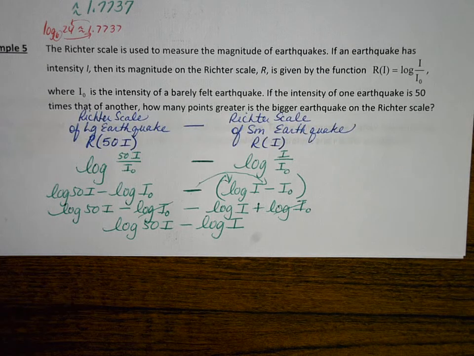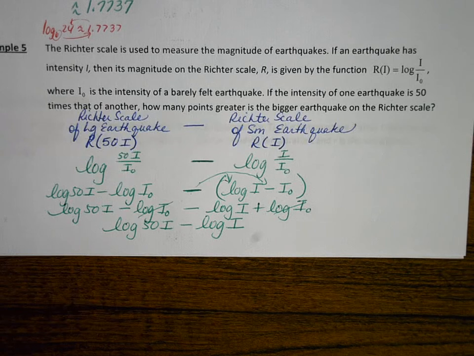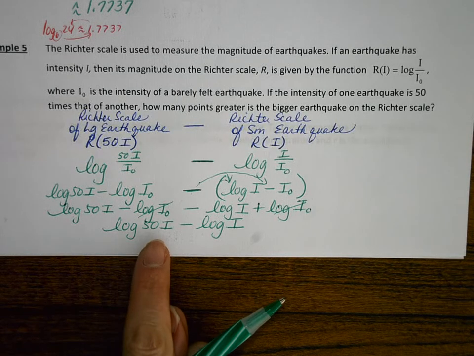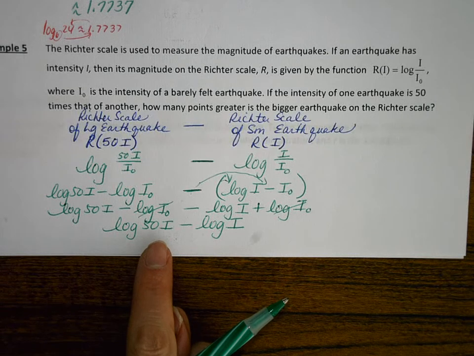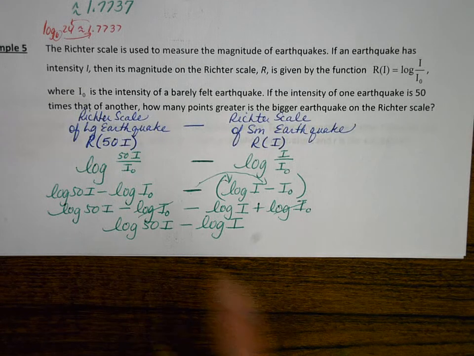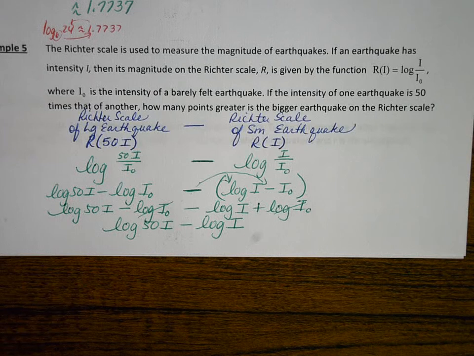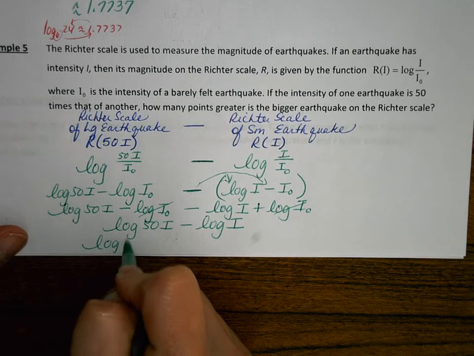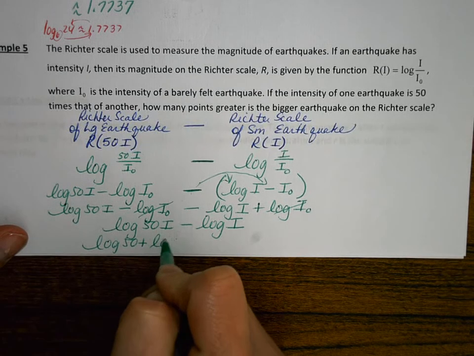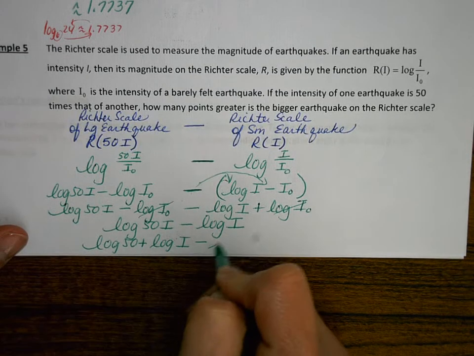All right, what can I do with that log of 50I? Break them apart. And how am I going to break them apart? What's going on in between them? Multiplied. So how do I break them apart? Add them. Good. The log of the 50, add the log of the I, subtract the log of I.